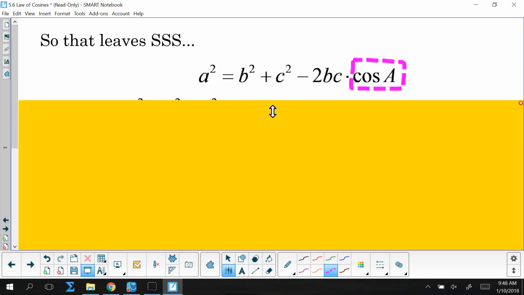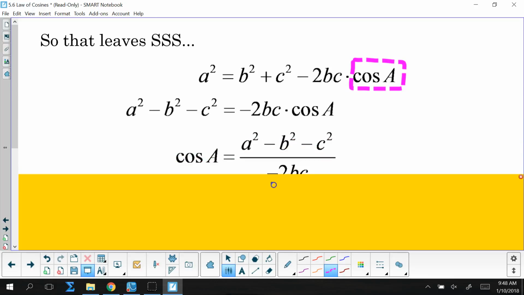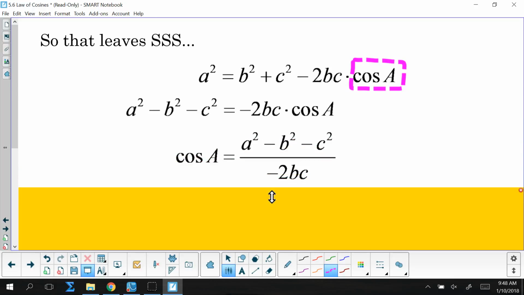Subtract b squared and c squared. So we'd get a squared minus b squared minus c squared equals negative 2bc cosine of A. Then what would you do? Divide by negative 2bc. So I'd get, now I flippity-floppity my sides just because that's what I do.